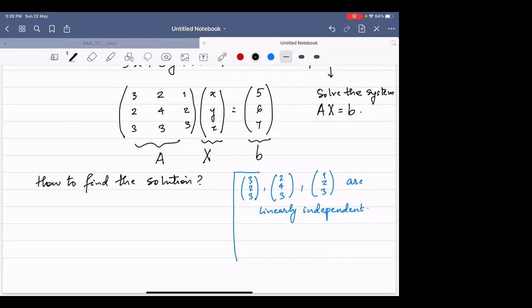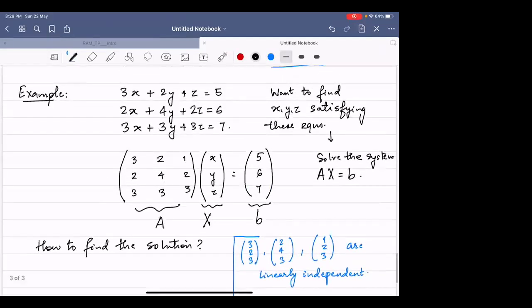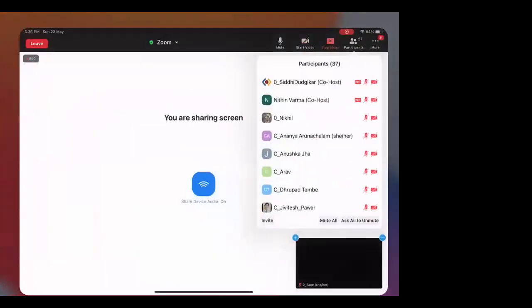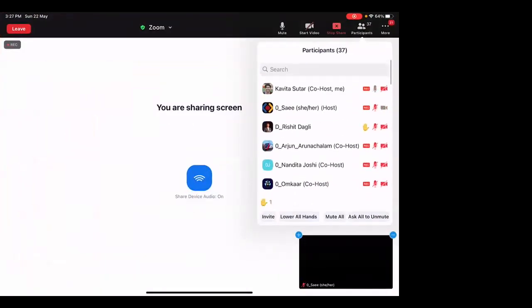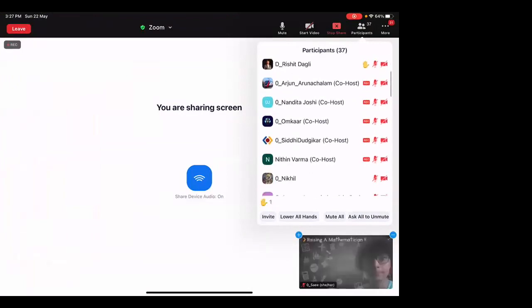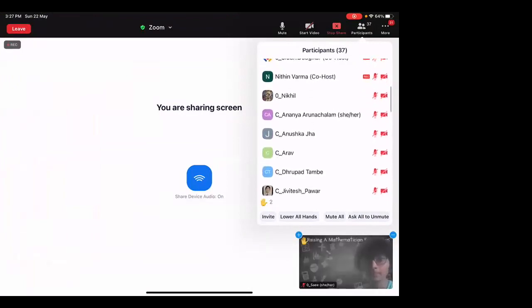Now, have you seen these three equations in three variables in school? A quick raise of hands. How many of you have seen 3 equations in 3 variables in school by now?